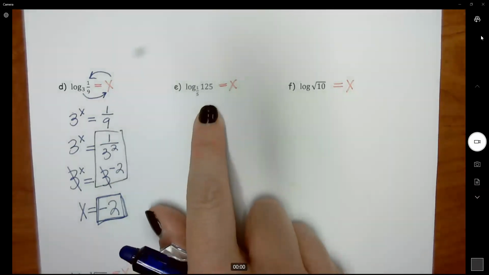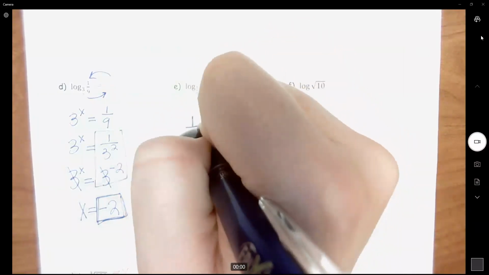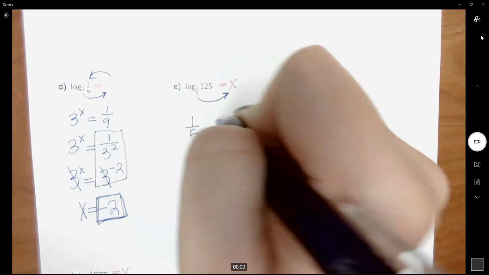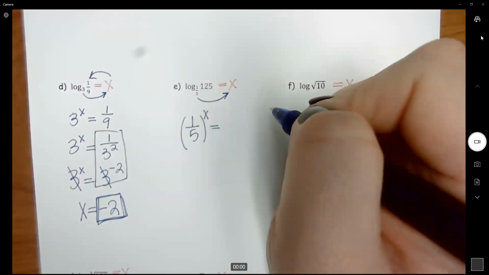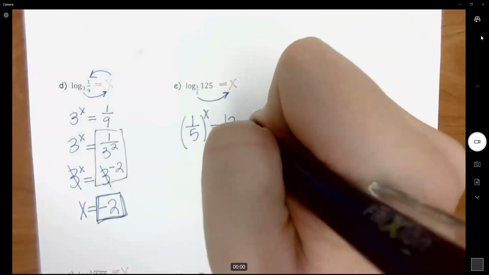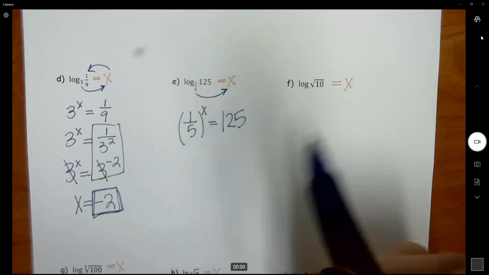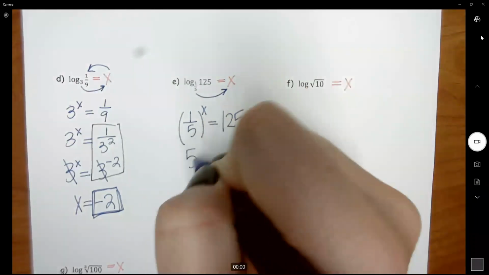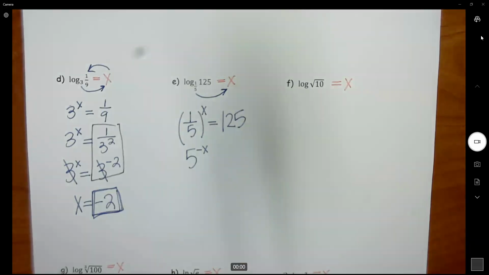Okay, this one's very similar. We'll go base to x, so 1/5 to the x power equals 125. One-fifth to the x power is the same as 5 to the negative x. And we did that a lesson or so ago.